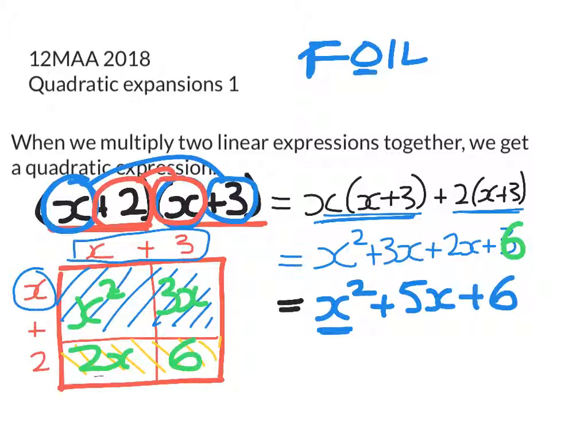And finally, we do the last two, which is the 2 times the 3. Okay, so you might have a wee picture that goes something like this. First, outer, inner, last, and those 1, 2, 3, 4. What we're going to do for the rest of this video is work through 6 examples that get more difficult, and then go and do exercise 1302 and 1303 in the textbook.